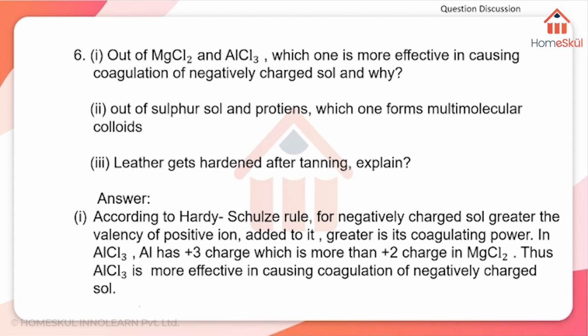According to the Hardy-Schulze rule, the more the valency, the more the coagulating power. So aluminum has plus 3 charge and magnesium has only plus 2 charge. So the more effective coagulation will be for aluminum chloride, AlCl3. That is it.